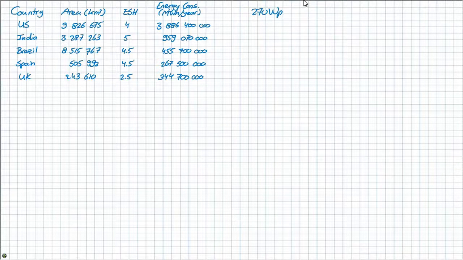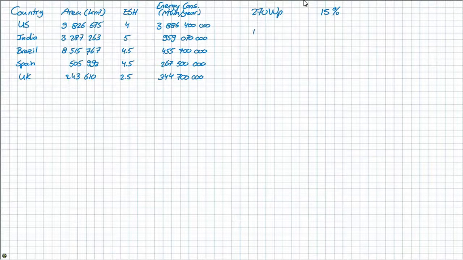Moving on to the second question. It asks the percentage of US area that you would need to cover to supply its annual energy demand if the solar panels have an efficiency of 15%. Now, to calculate this, you need to know 2 things.